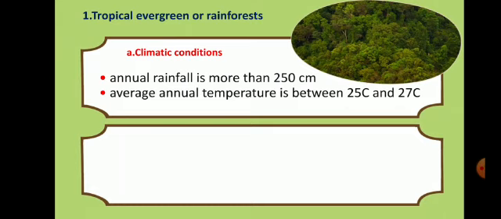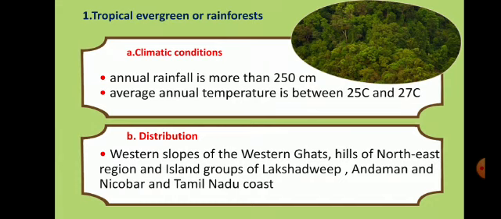That is more rainfall the rainforests are receiving. Average annual temperature is between 25 degrees Celsius to 27 degrees Celsius. Next we'll see where do you find this type of forest.